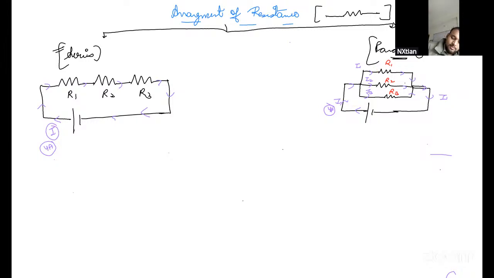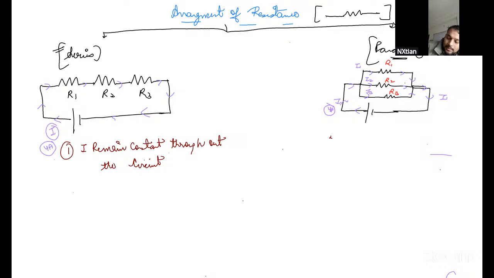So what was I trying to say? I'll write some points, so please don't write right now. First point: I remains constant throughout the circuit.